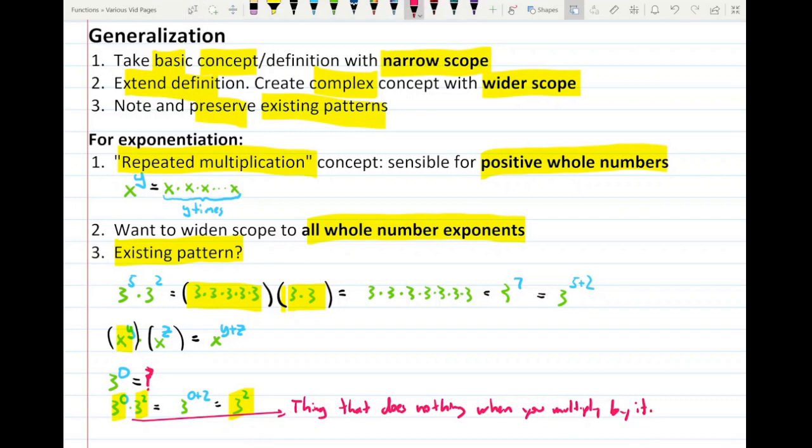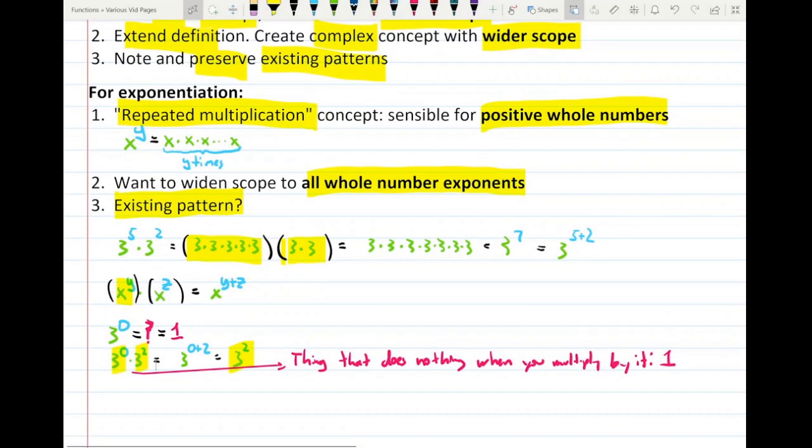And there's only one such thing, the number 1. So therefore, the only value that we can assign to 3 to the power of 0 that makes any sort of sense and preserves this existing pattern is 1. We're going to decide that 3 to the power of 0 is equal to 1. Now, this logic works for any base. So in general, we're going to decide that x to the power of 0 for any base is equal to 1.